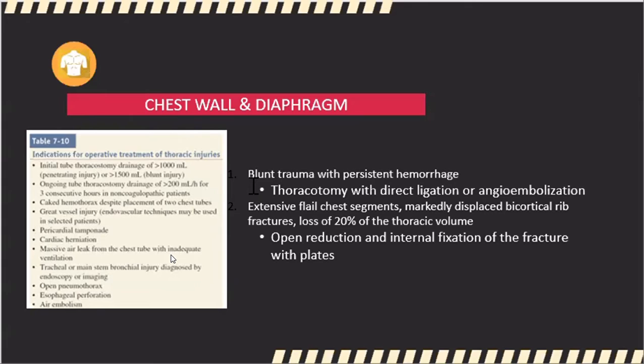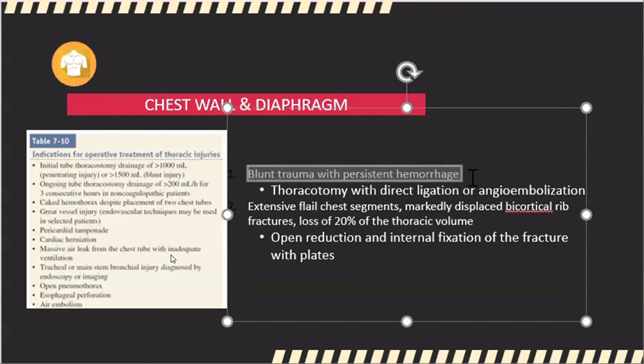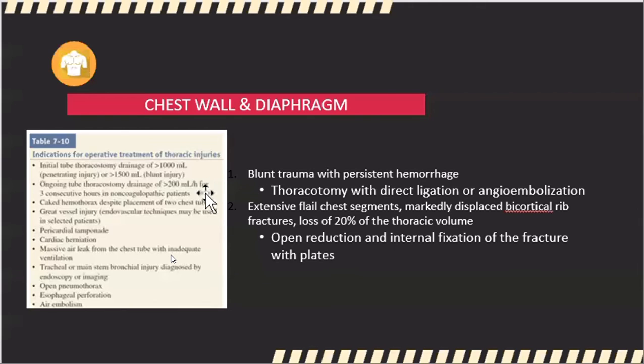So if you receive a patient or get a question where the initial drain is more than 1 liter, or more than 1.5 liters for blunt, you no longer do conservative management. You need to open to do exploration. And as I mentioned earlier, if more than 200 ml for the next 3 consecutive hours, you need to open. I also mentioned yesterday, if with hemothorax, despite multiple chest tubes, the hemothorax is still not resolved, you need to open.